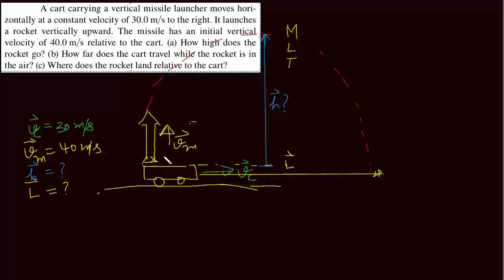let me use the color red. Suppose I call this Lc and let me call this L of the rocket. So this was Lc, and this is L of the rocket.